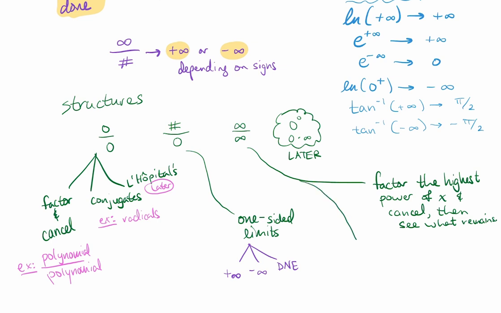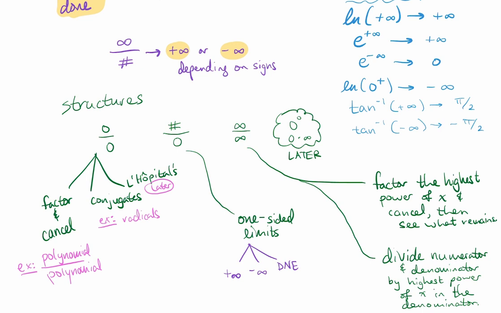The other technique is divide numerator and denominator by the highest power of x in the denominator. I do not recommend this technique for the most part, even though the beginning of the exercise tends to be easier than the other technique. So I recommend the technique where you're factoring out the highest power of x.